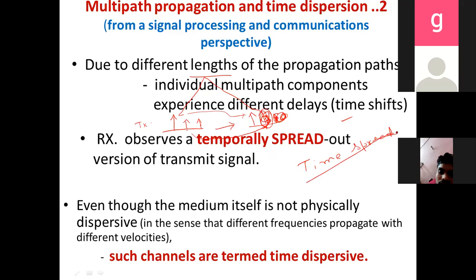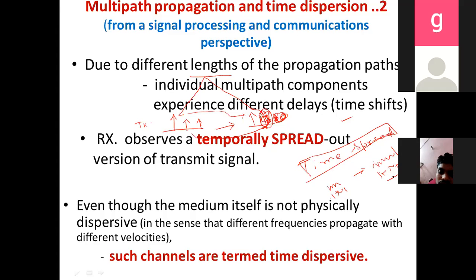The net effect of the time spread is this: if this is the symbol to be transmitted at the transmitter, let us say its time period is tau. By the time it reaches the receiver, because of the delay spread, its time period gets larger: tau plus td.